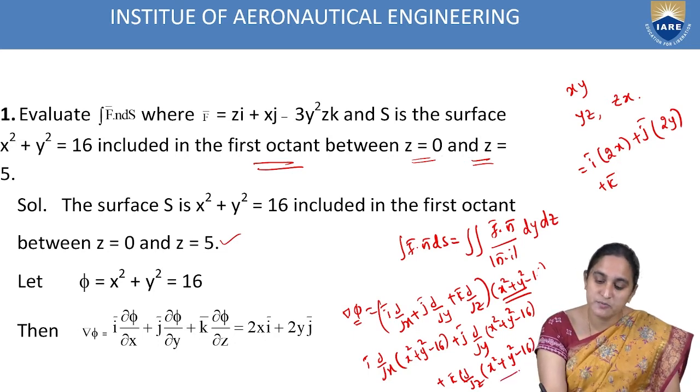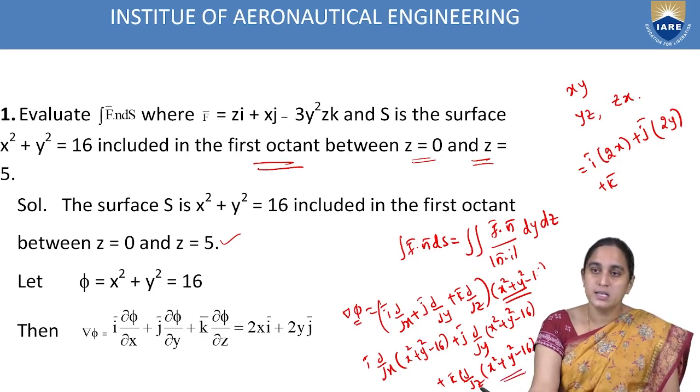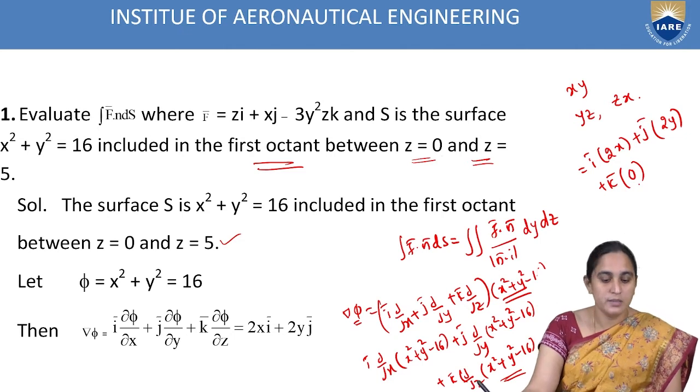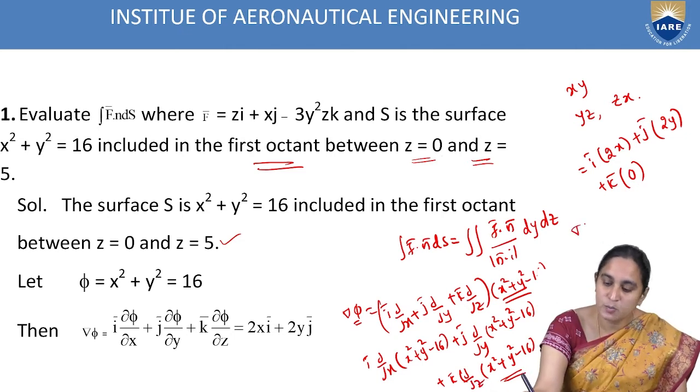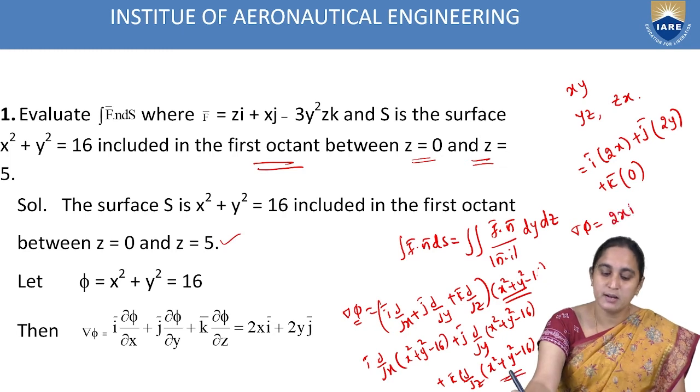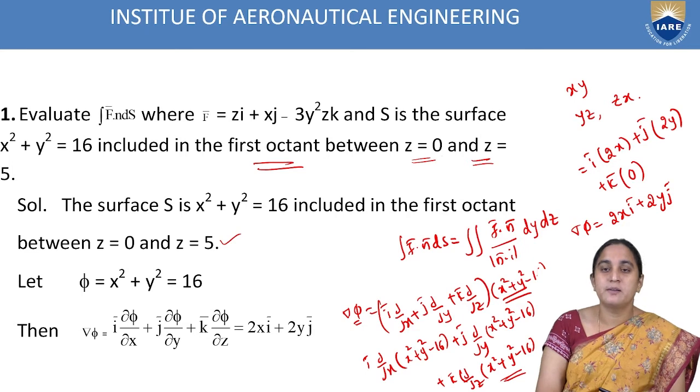Is there any z term in the given pi? No. Therefore, with respect to z that is 0. Therefore, del pi is equal to 2x i bar plus 2y j bar.